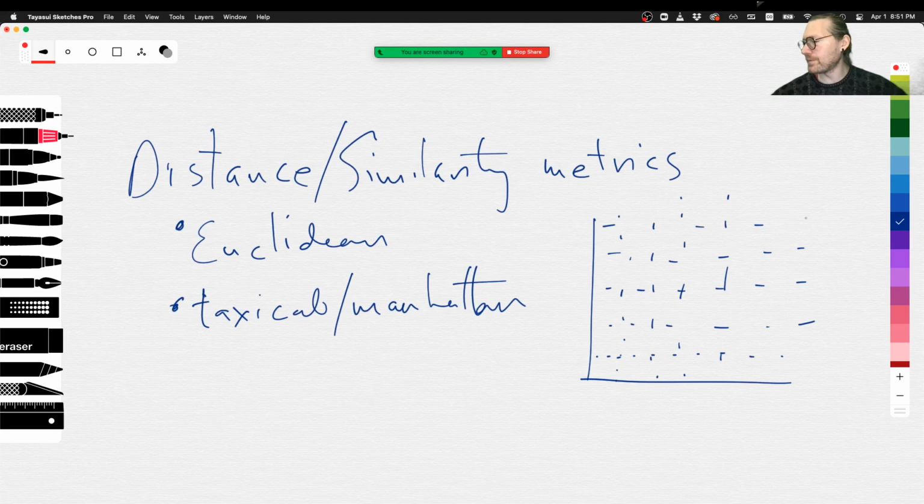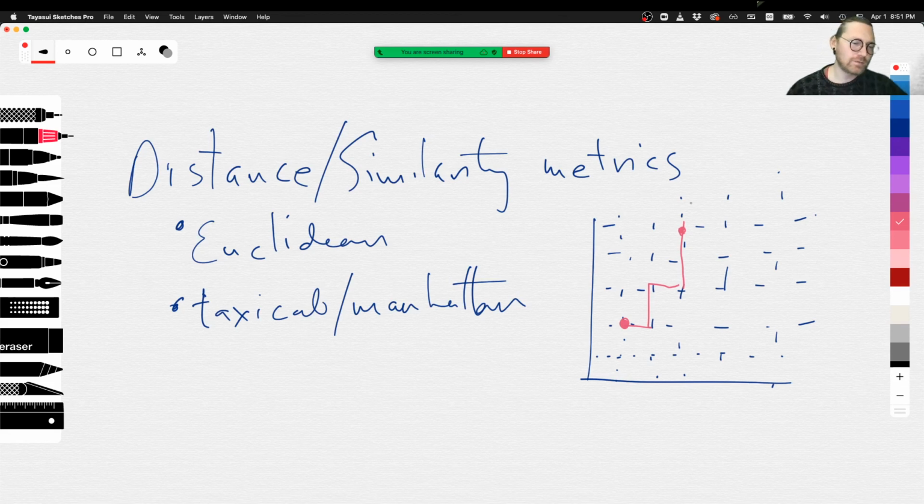And how long does it take to get from this point to this point? Well, it probably takes about that much distance. So with Manhattan distance or taxicab distance, we don't go as the crow flies, right? We go around all the city blocks. So that's a type of distance.